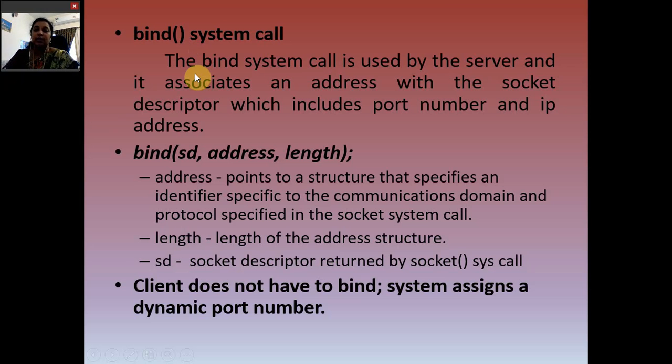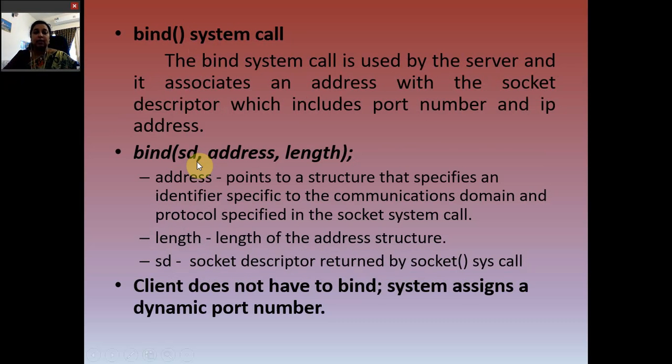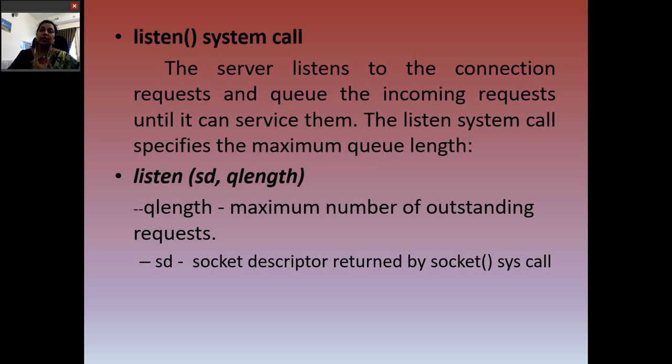Now bind, as I said, assigns some address. We use the socket descriptor we retrieved in the socket command, and that acts as a parameter. The address pointer points to the structure of the specific communication domain, and the length of the address structure is also described here. And then we try to listen.